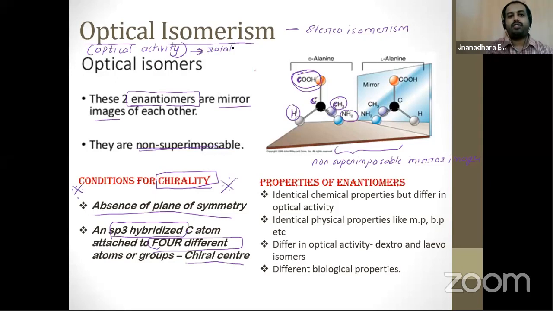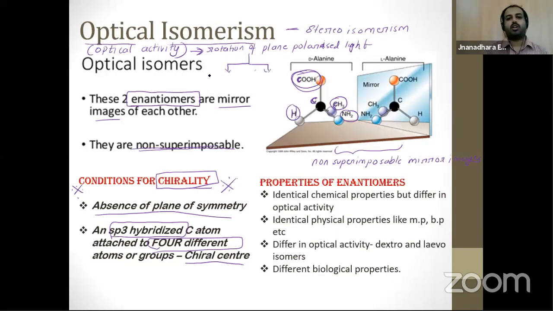Rotation of the plane of plane polarized light, towards the right or towards the left. Accordingly, you classify isomers as dextro or levo. Accordingly, you have 2 varieties.